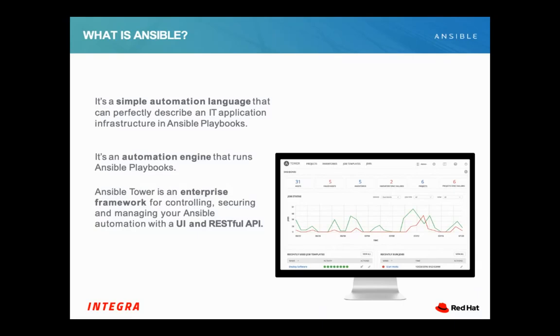We will get into details about the components, features, and usability of Ansible in the later slides. And here is a small introduction to Ansible Tower. Ansible Tower is an enterprise framework for controlling, securing, and managing our Ansible automations as a UI or via a RESTful API.